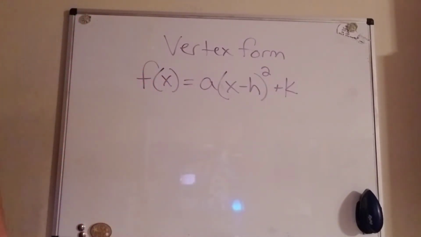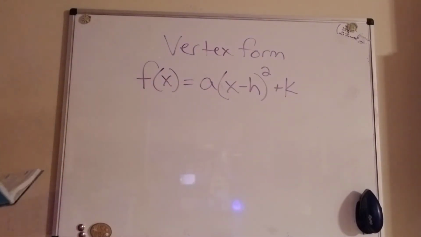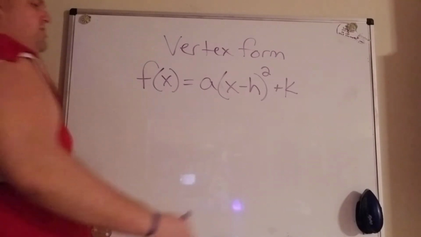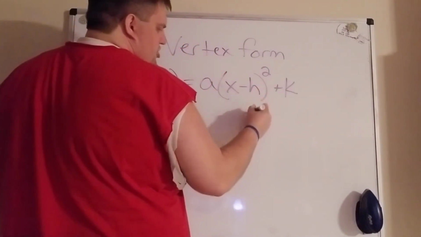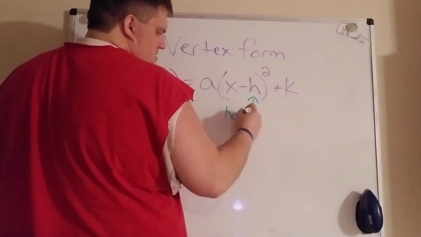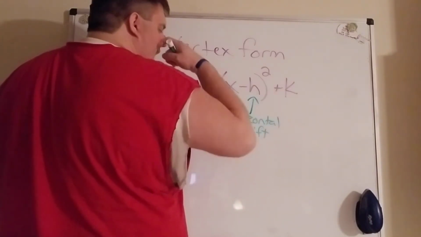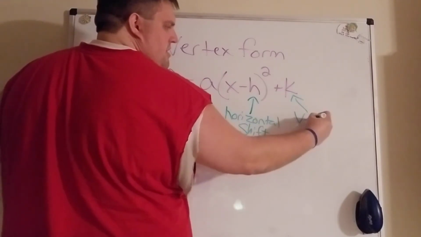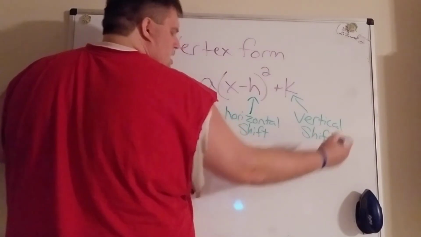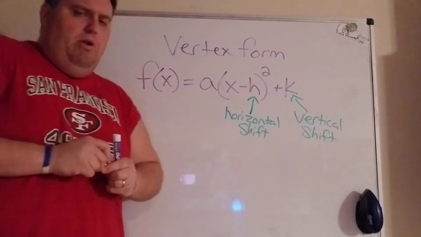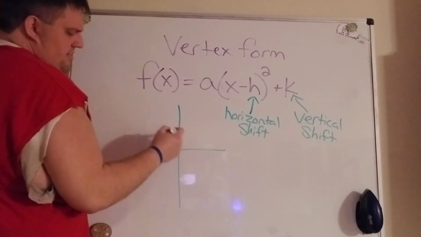Right? And this h and this k here, those are our shifts. So the h here is our horizontal shift. And our k is our vertical shift. And those numbers, so if you think about what our regular parabola looks like, right? Let's say I had something like this.